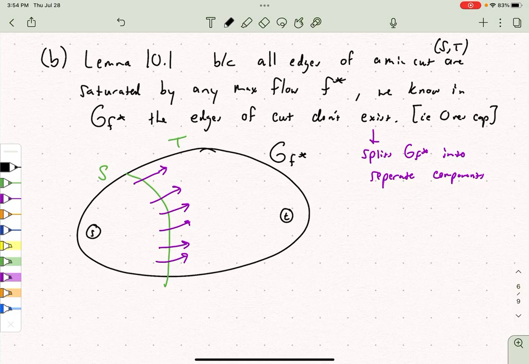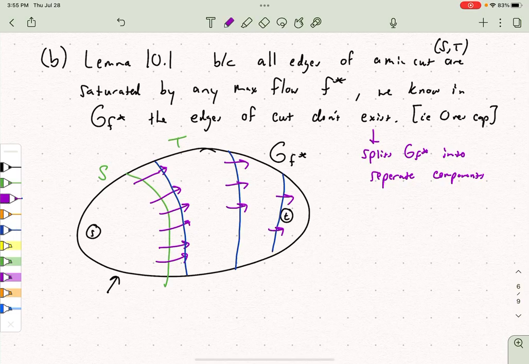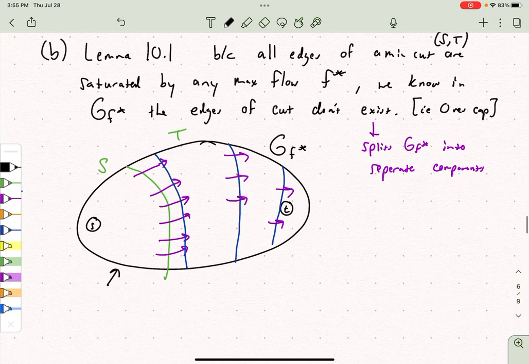But this doesn't just apply to the first reachability set. This gives us one min cut, but there's actually more. Here, this is like a new component, and maybe there's another set of edges that don't exist, and maybe there's even another one. So there could actually be several of these components.